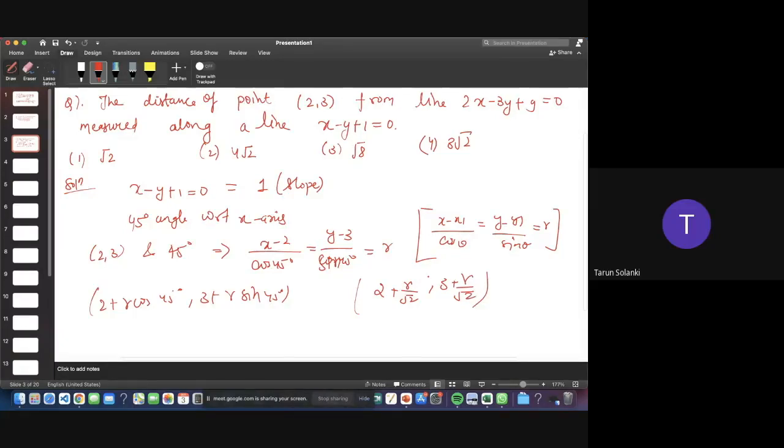Finally, if the point lies on the line 2x - 3y + 9 = 0, then 4 + r root 2 - 9 - 3r/root 2 + 9 = 0. So finally, the answer will be 4 root 2. This is the required distance, so option number 2.